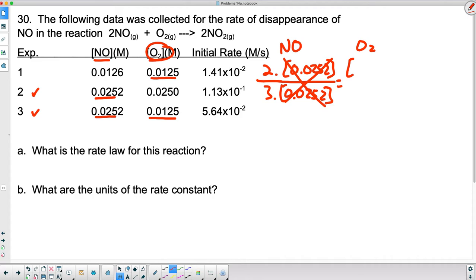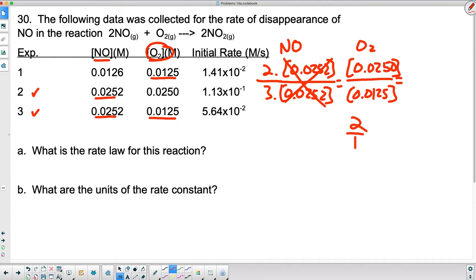Well, for O2 with experiment 2, I get 0.0250, and I divide that by 0.0125. Notice that experiment 3 is exactly half of the concentration of 2. That means I can simplify this to 2 over 1.